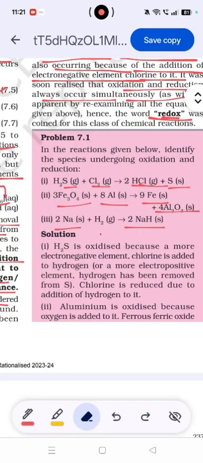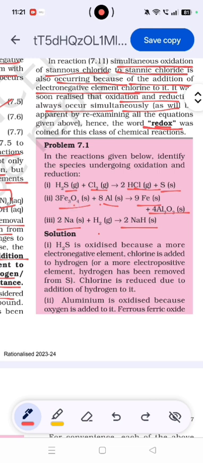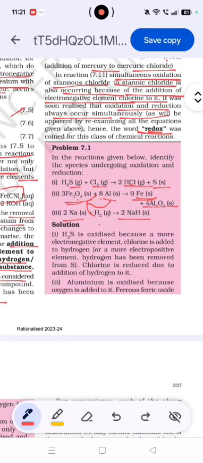That is the balanced equation. Here, aluminum is more electropositive than iron. So adding electropositive element to this iron oxide will help it to reduce. Fe3O4 undergoes the reaction of reduction. And aluminium, what happened?